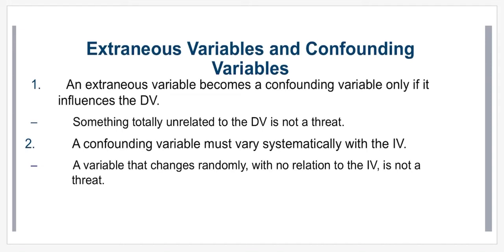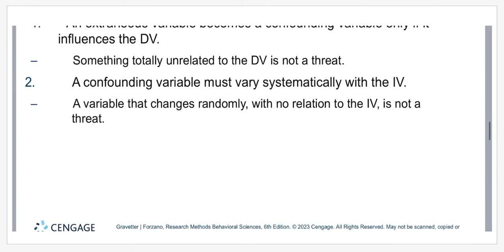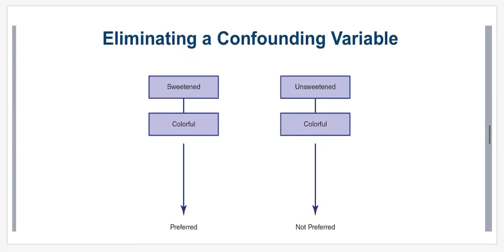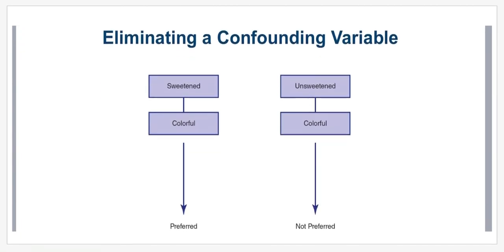Those things are likely to become confounding variables because they are related to both the dependent variable and the independent variable. If not, then they are not confounding variables. But those are an example of how it would have to be related to both in order to become a confounding variable. And so this is kind of what we were just talking about a second ago.